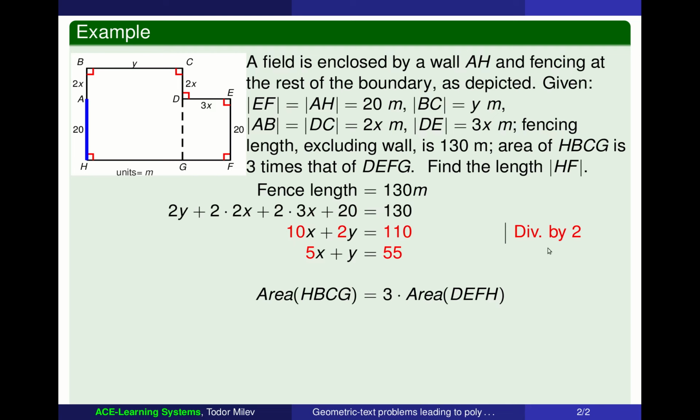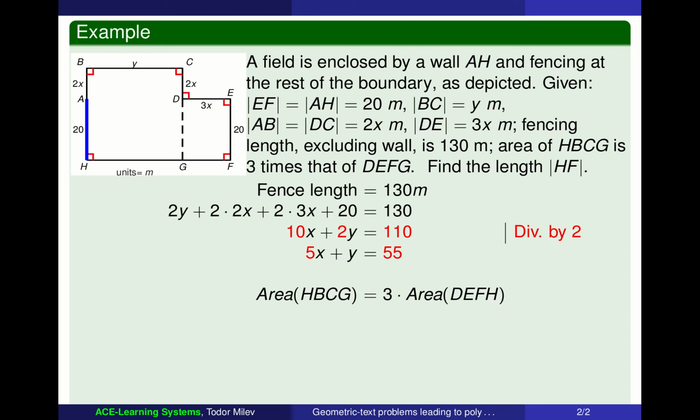Next, let me notice that the two sides of this equality are both divisible by 2. So in order to simplify my equality, I'm going to divide both sides by 2. So 10 divided by 2 is 5, 2 divided by 2 is 1, and 110 divided by 2 is 55. So I have simplified my equality a little bit.